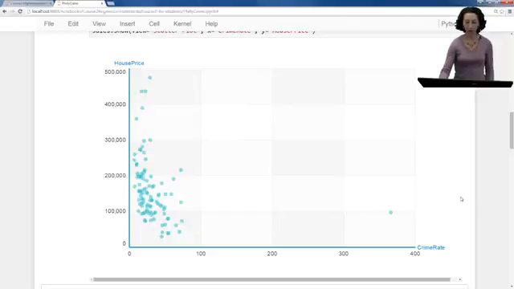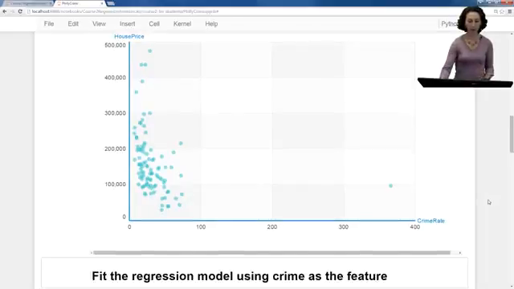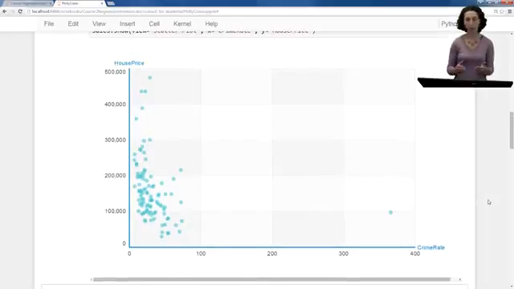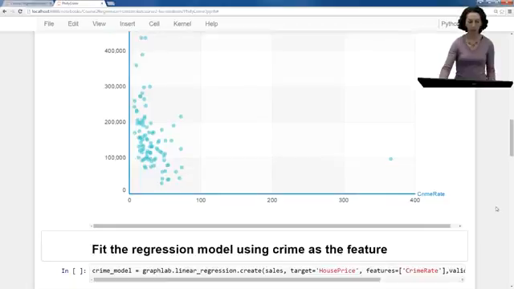Okay. And so from this, you can see that there's some relationship between our crime rate and our house sales price. In particular, we see that for towns that have lower crime rates, they tend to have higher house values, and vice versa. So that makes a lot of sense. So let's try and actually fit a relationship between crime rate and house price.